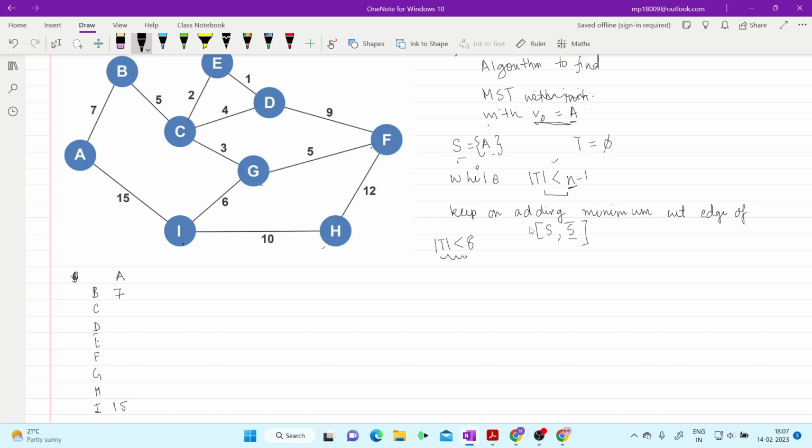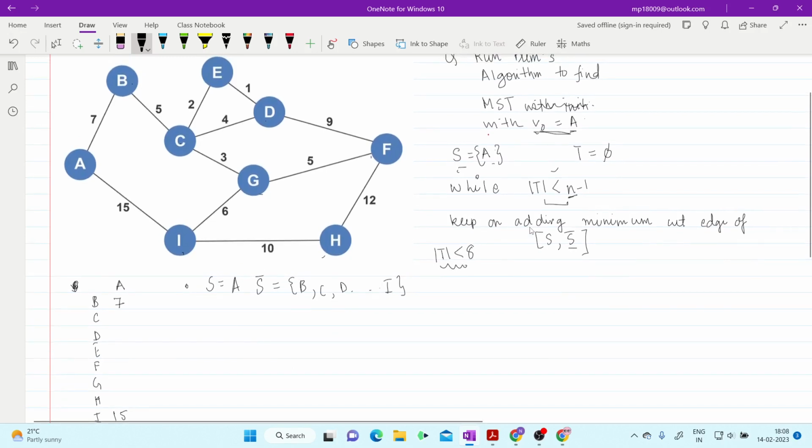What is the minimum cost edge for S equal to A and S bar equal to B, C, D, and the rest of the vertices? What is the minimum weight? 7. Yes, 7. So AB is our first edge.